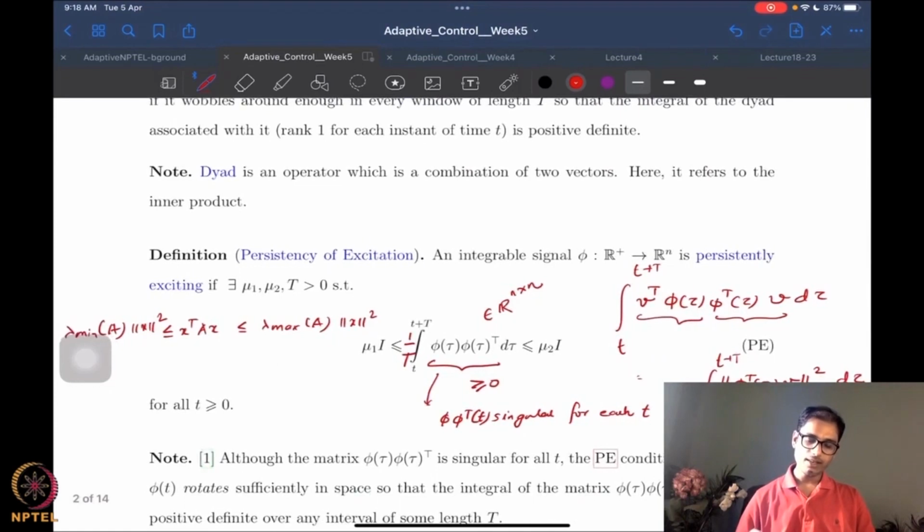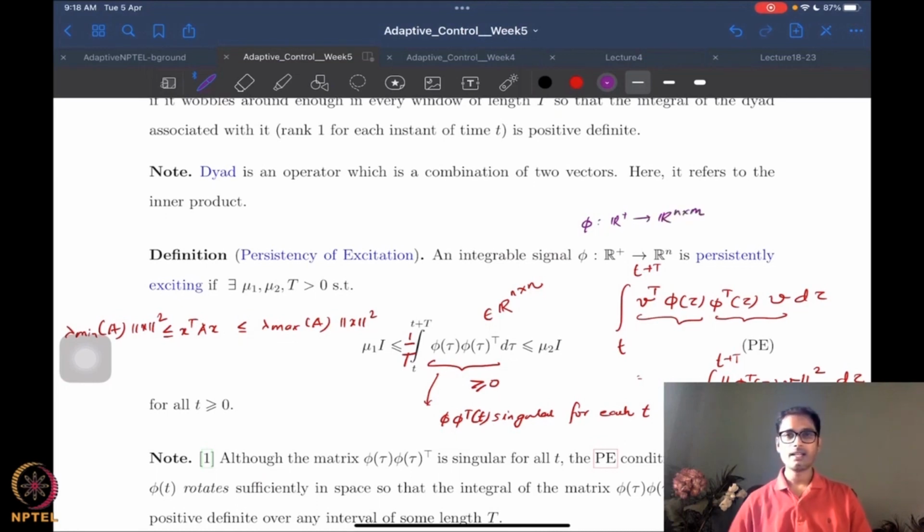One of the things that I would like to point out is that it is also possible to define this similarly for matrix signals. It doesn't matter, even if it's a matrix signal, we can have an identical definition and nothing really changes.